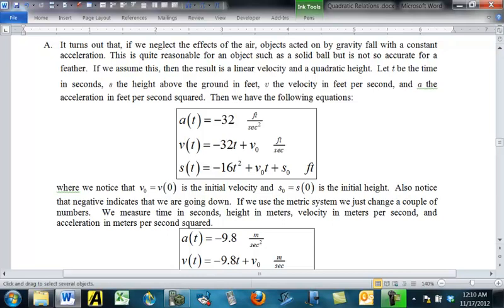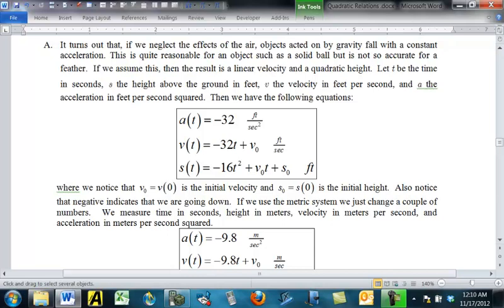First of all, acceleration actually decreases as you get further away from the center of the Earth. But if you're relatively close to the surface of the Earth, it turns out that it's a constant, or very nearly a constant, negative 32 feet per second squared, or in the metric system, negative 9.8 meters per second squared.